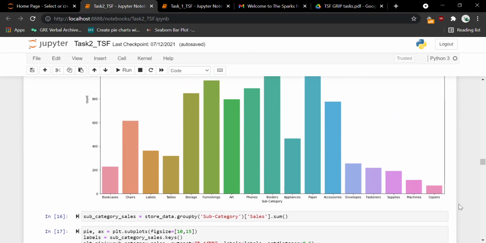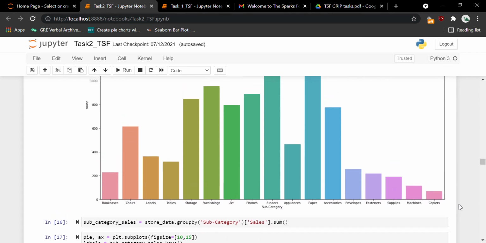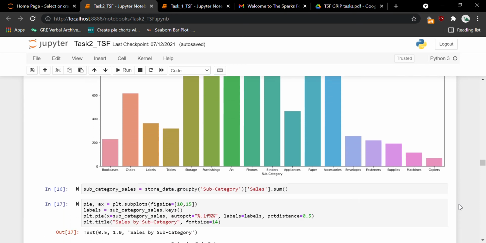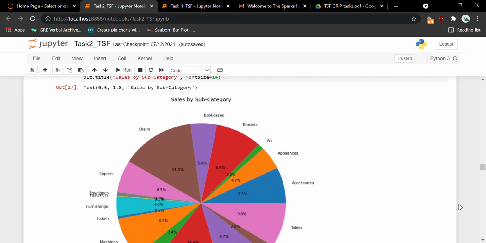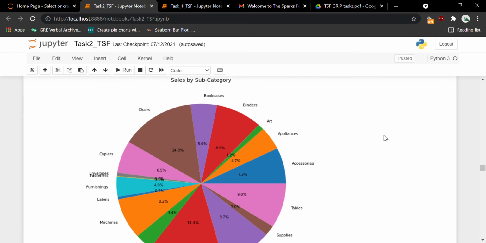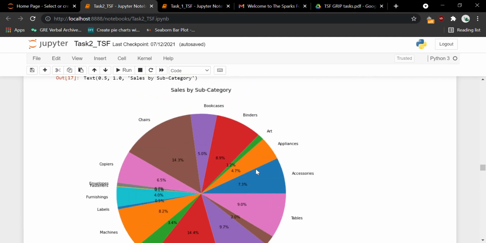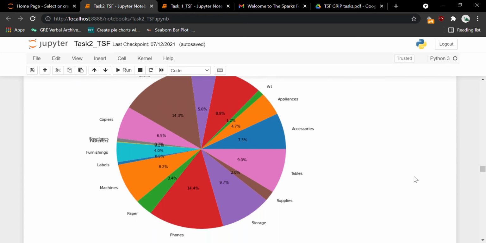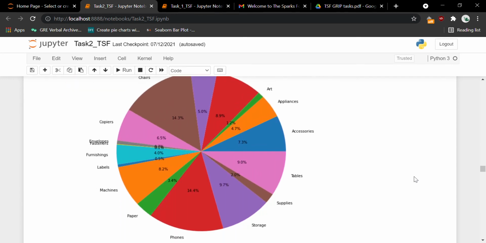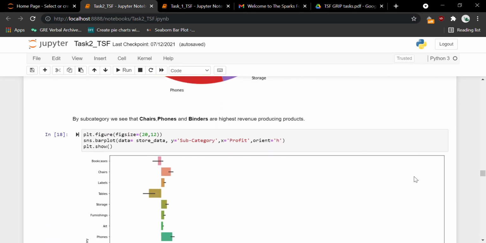Let's also check the sales across these subcategories, and we realize that of the total sales that this store earns, chairs, phones and binders have the highest share of the sales. So we see that chairs, phones and binders bring in a lot of the sales in the subcategories.